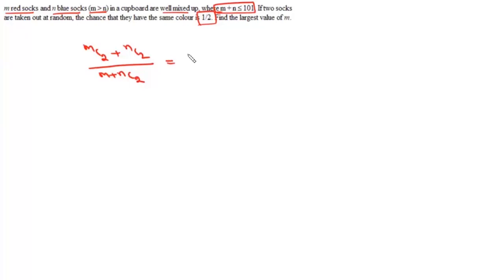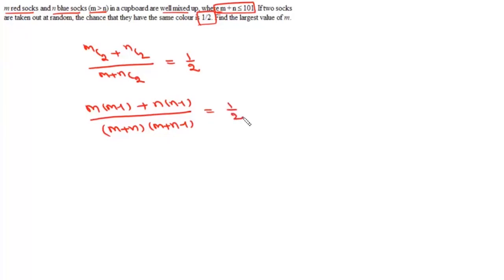Now this probability is 1 by 2. Now we solve this, we'll get m into m minus 1 plus n into n minus 1 divided by 2. So this 2 will cancel, and here will be m plus n into m plus n minus 1, and it should be 1 by 2.